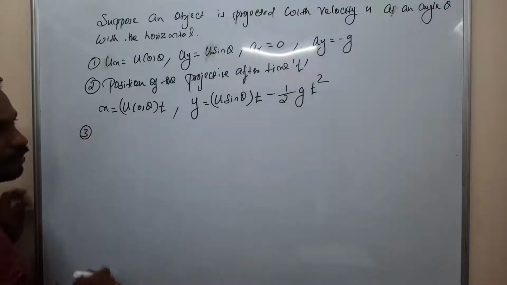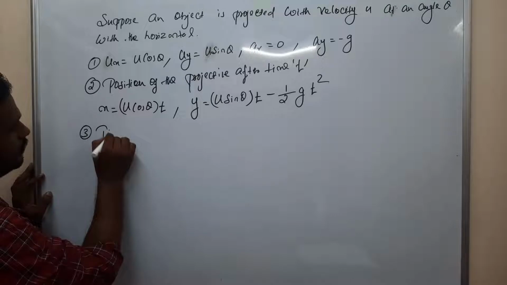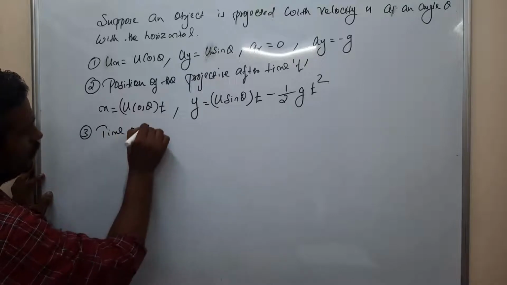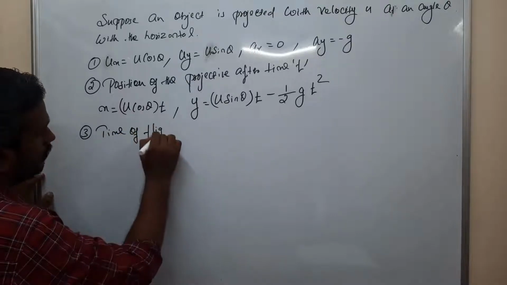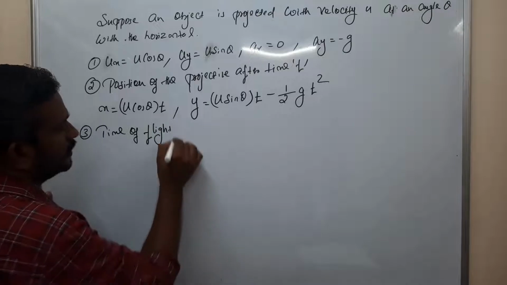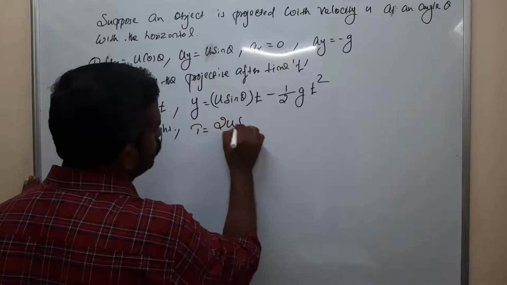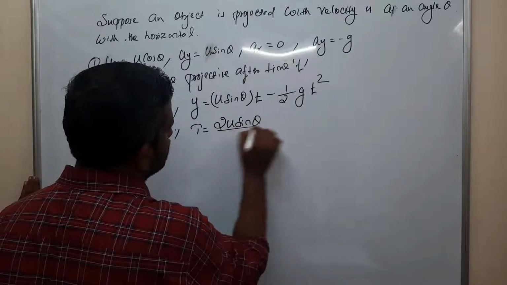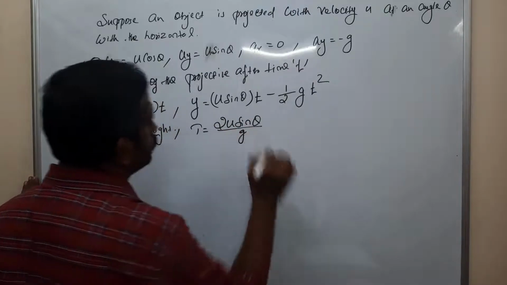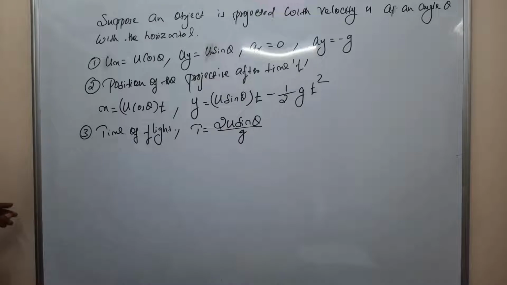What is the formula for time of flight? Capital T is equal to 2u sin theta divided by g.